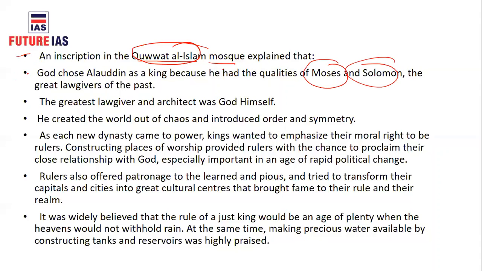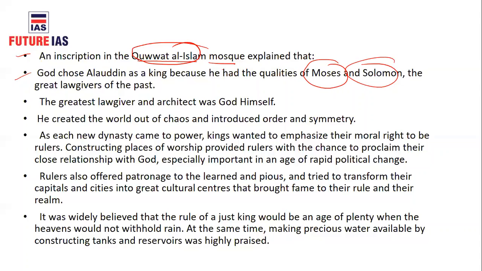These Moses and Solomon are the greatest lawgivers of the past, and Alauddin has the qualities inherited from these great lawgivers of the past. So the architect of Alauddin Khilji was the god himself, isn't it?